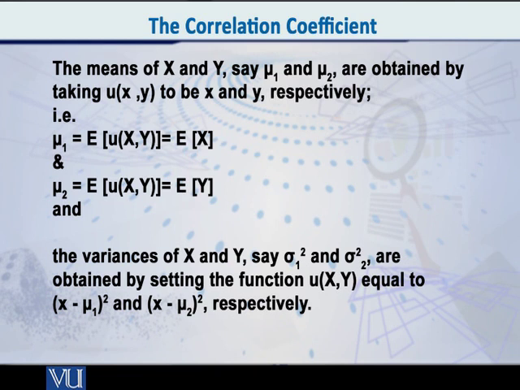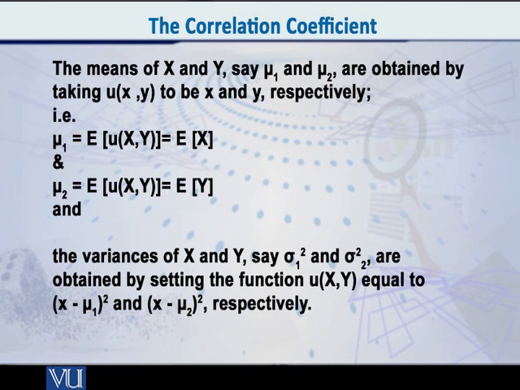Then, obviously, the expected value of U(X,Y) will be the expected value of X minus mu1 whole square. In other words, the variance of X, which we can denote by sigma 1 square. Similarly, according to exactly the same rationale, you can also find the variance of Y, and that is denoted by sigma 2 square. Okay, now the means have come, the variances have come.